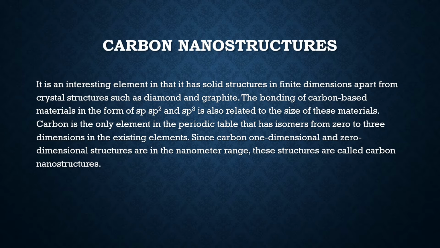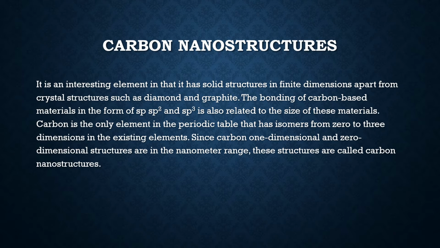Carbon nanostructures. Carbon is an interesting element in that it has solid structures in infinite dimensions apart from crystal structures such as diamond and graphite. The bonding of carbon-based material in the form of sp, sp2, and sp3 is also related to the size of these materials.